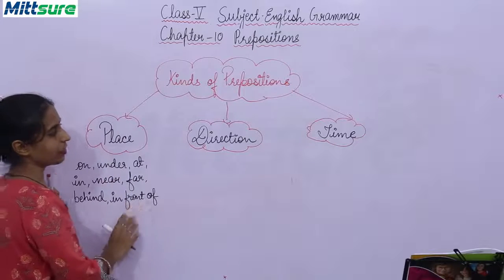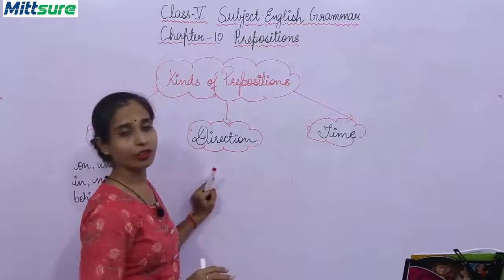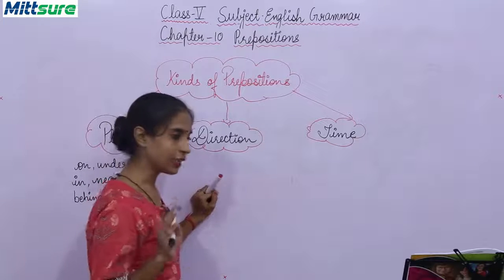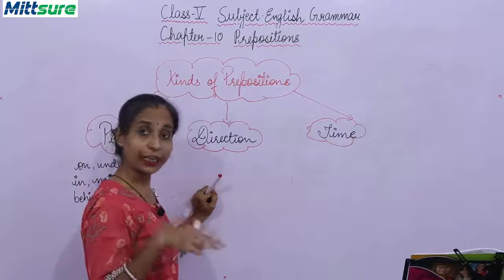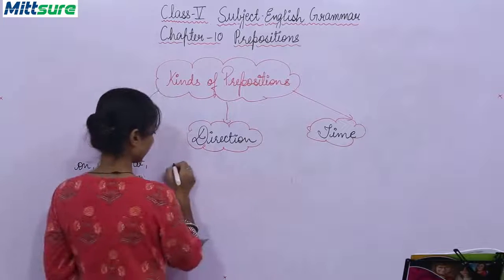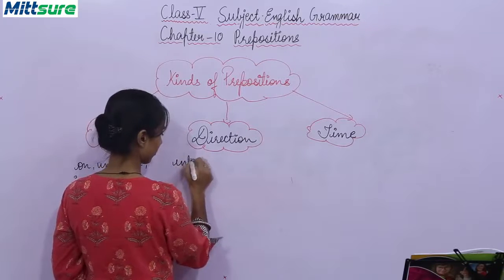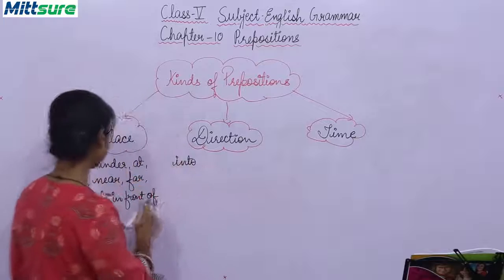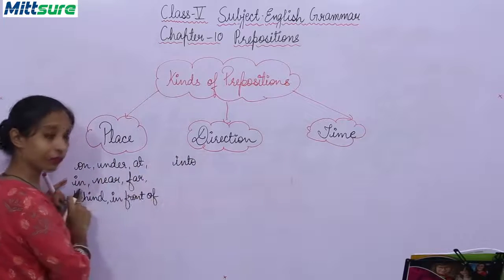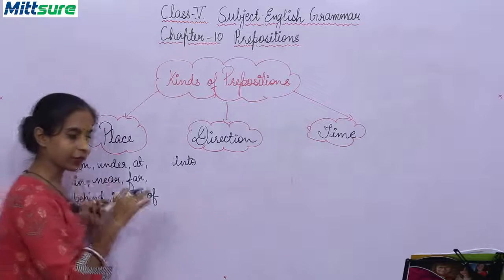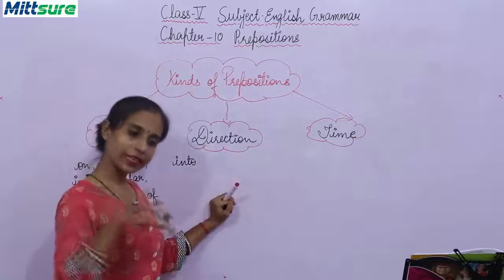Alright. Coming to preposition of directions. These are also very easy. Directions like into, and in. You know, in and into, they are different. In means when something is already inside something.